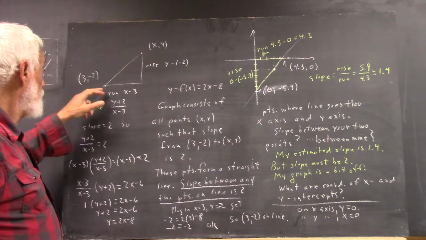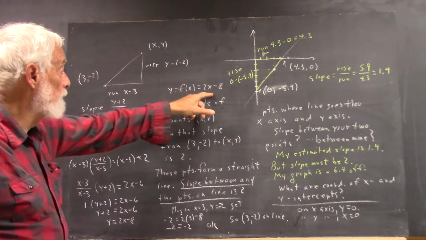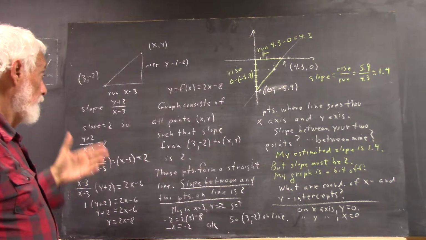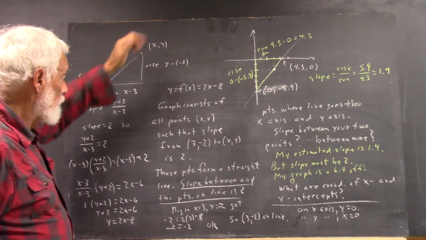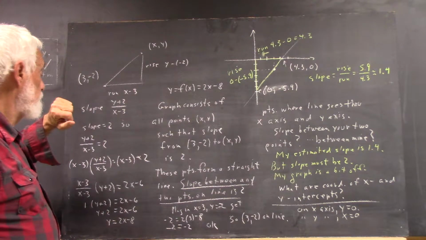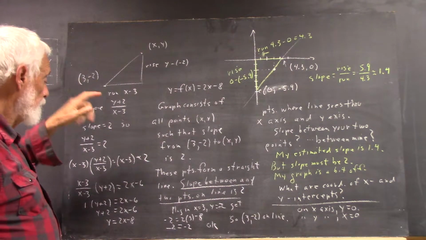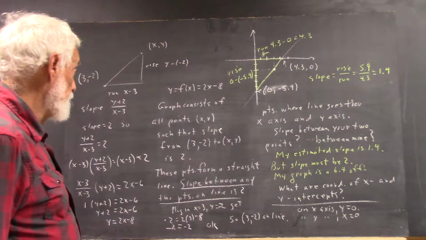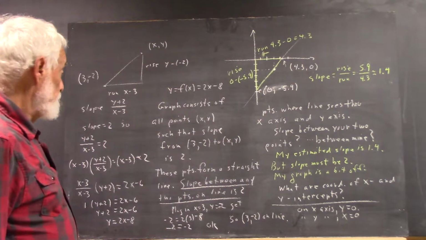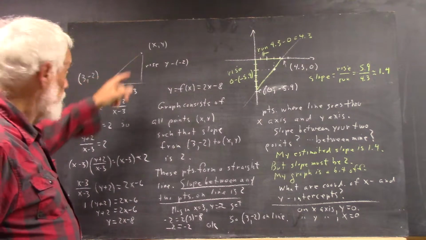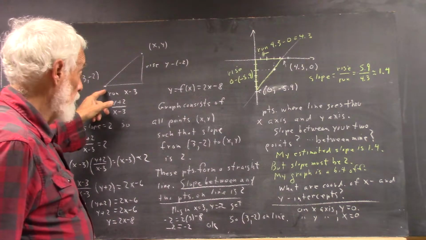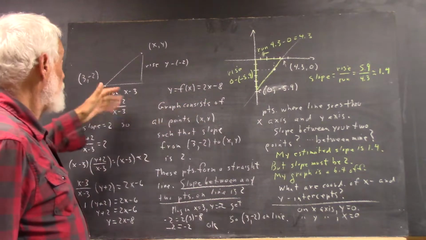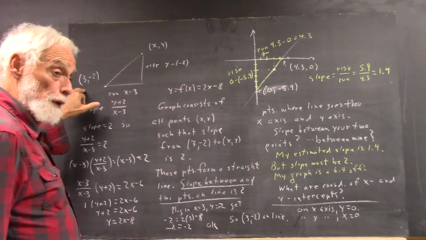So if we go from (3, -2) to any of these points, because of the way we've solved this, the point (x, y) will satisfy this equation. All the points (x, y) that lie at slope 2 from the point (3, -2) will lie on this graph, and every point on this graph will lie at slope 2 relative to the point (3, -2).